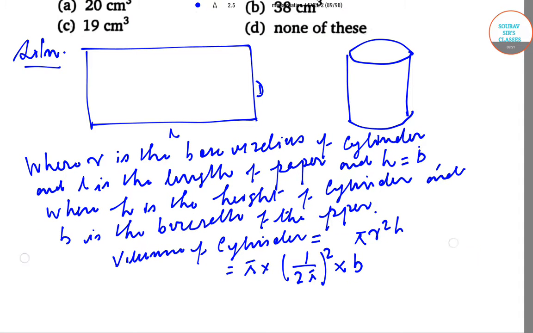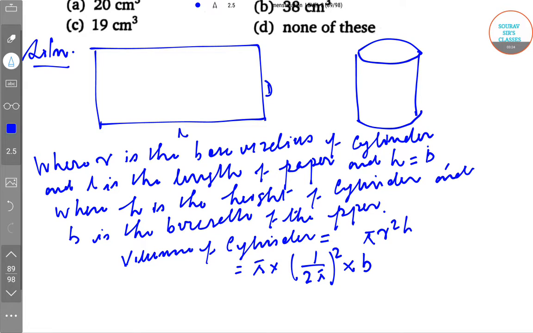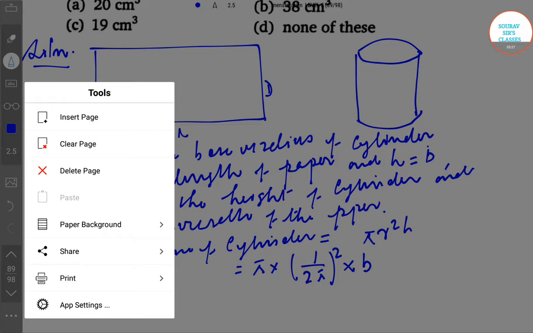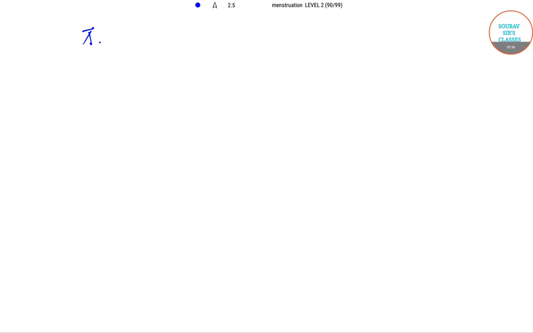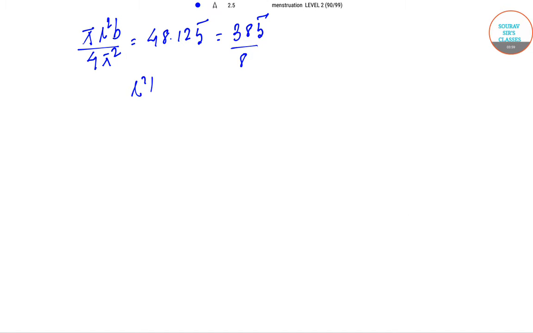Therefore, 385 by 8, so L square B, you will get 11 into 11 into 5.